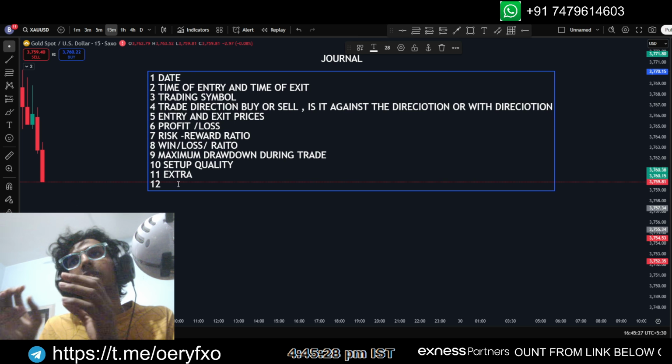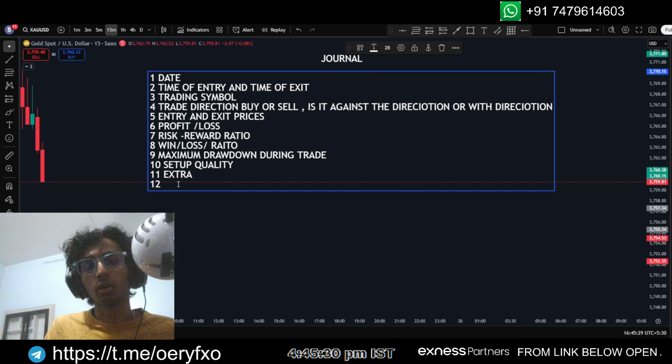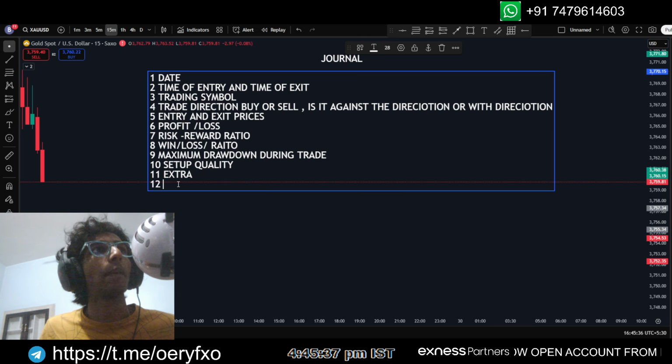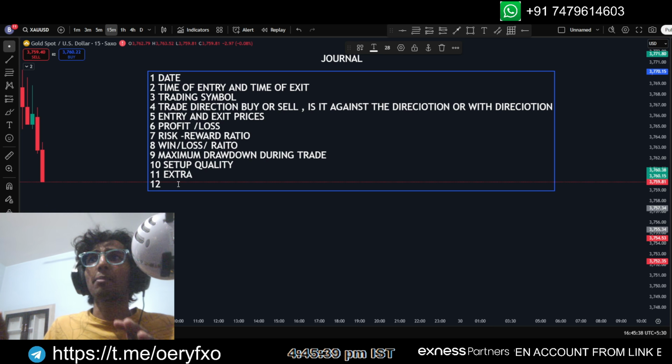Extra stuff, like, okay, look, I've been taking these types of trades, and whenever I take these, this thing happens. So that's the extra part.